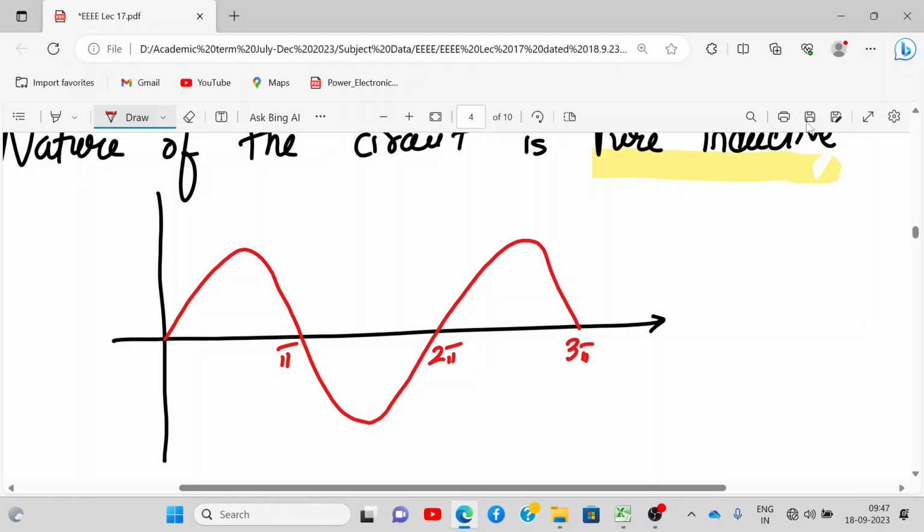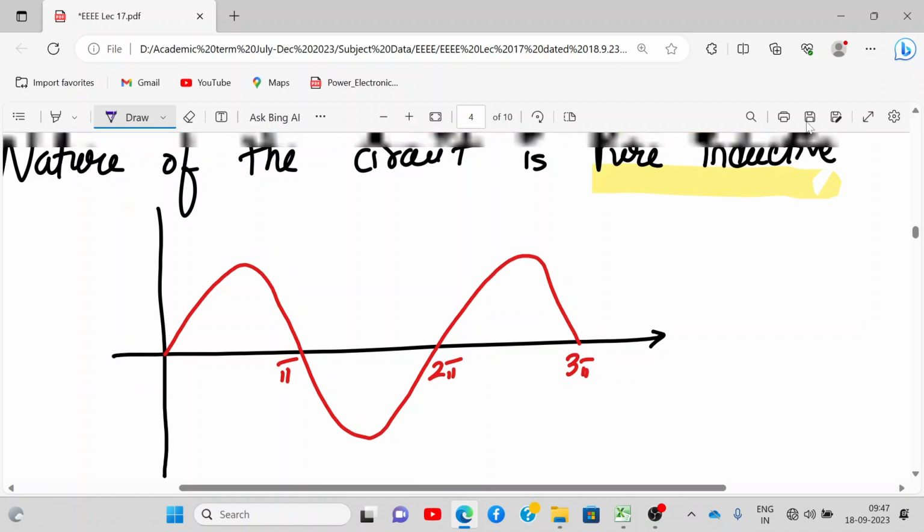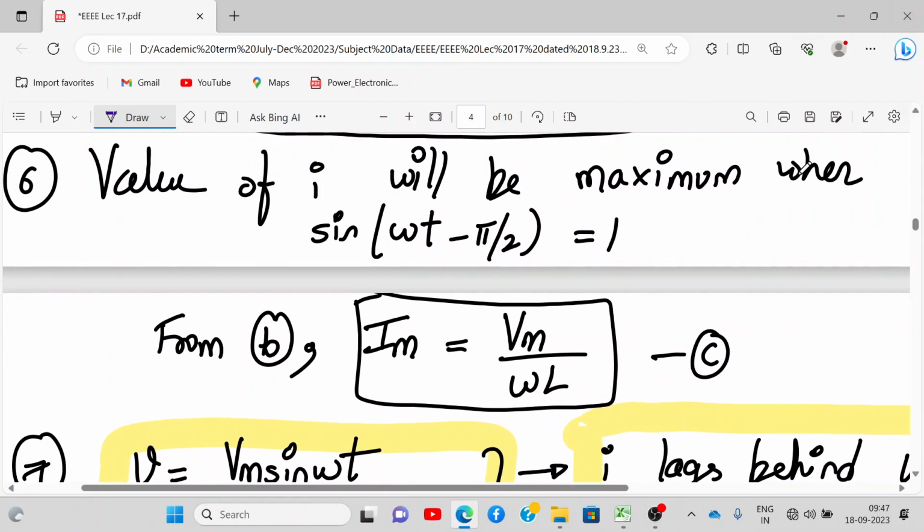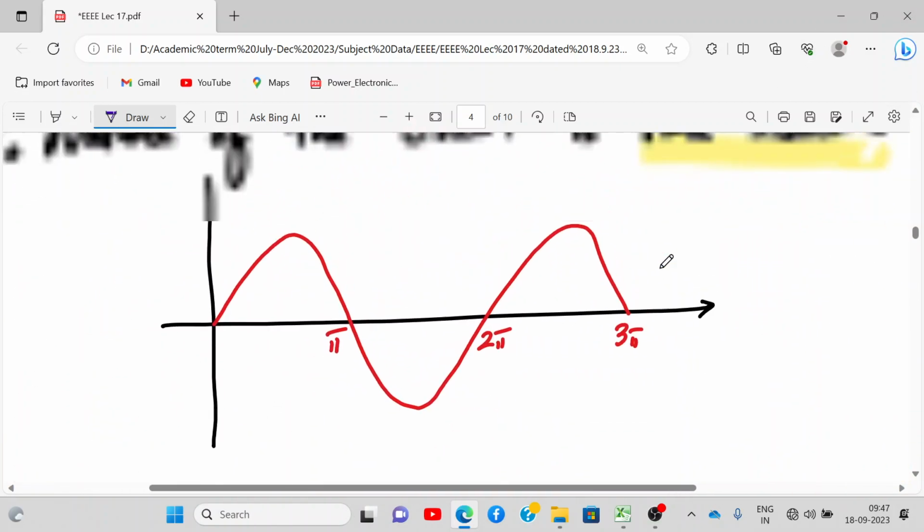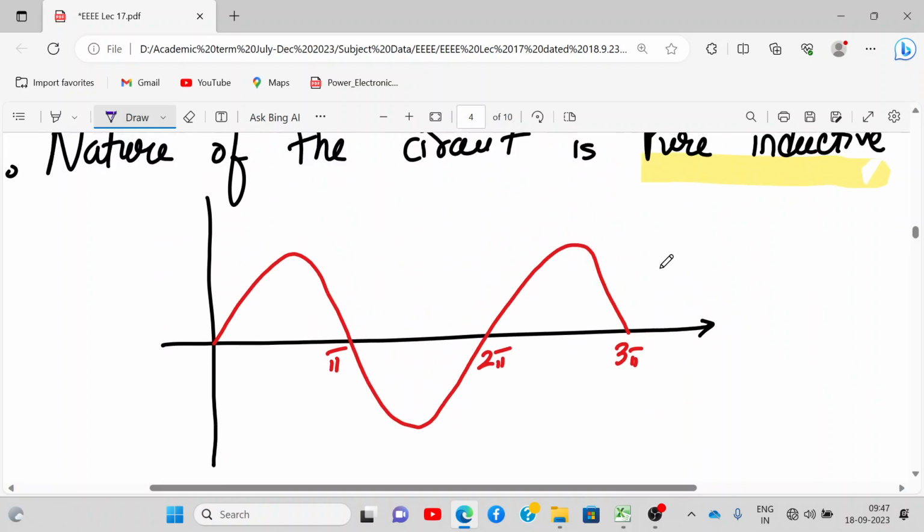Where will the current start from? And will the current magnitude and voltage magnitude be the same? No. See, Im is Vm by omega L, so it will be lesser. Where will it start from? It lags behind, meaning it is behind. So it will start from pi by 2. Okay, so as if the entire waveform is shifted this side. So the new coordinates will be this. Correct?